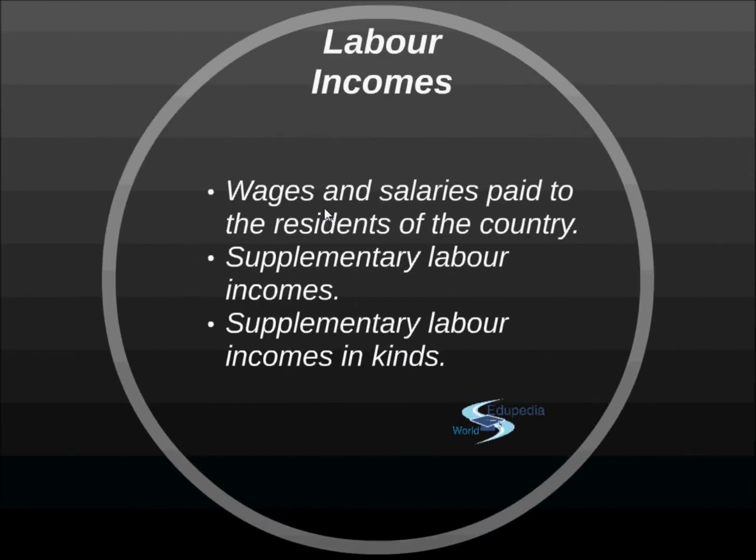Labor incomes take into consideration the wages and salaries paid to the residents of the country, and supplementary labor incomes, which consist of employers' contribution to social security, employees' welfare funds, and direct pension payments to retired employees. The next is supplementary labor incomes in kind, which consist of free health, education, food and clothing, etc., provided to the employees. So labor incomes will consist of all these three categories.